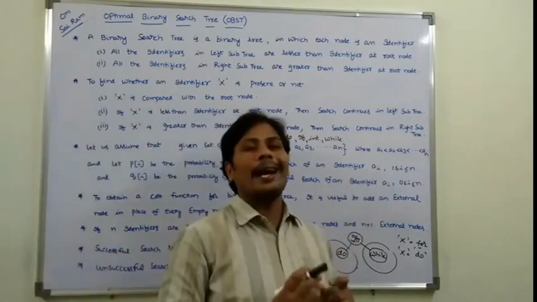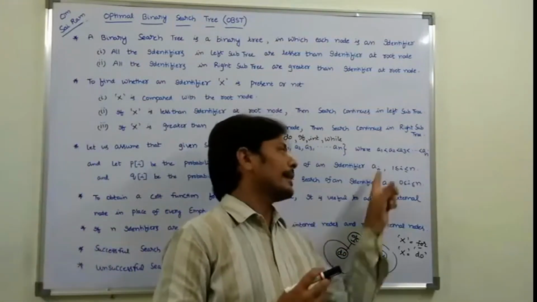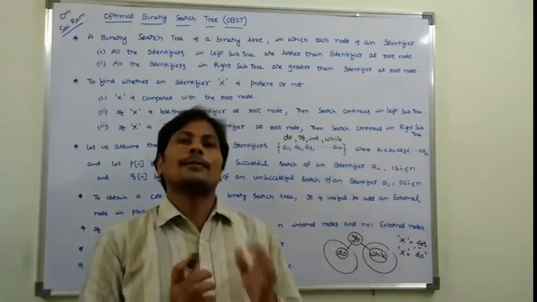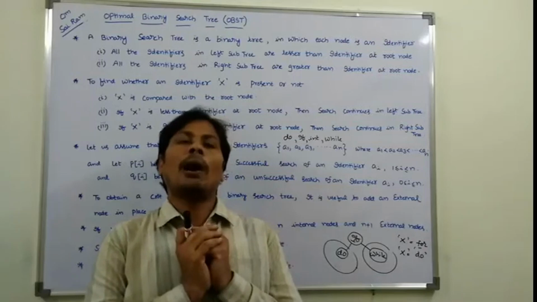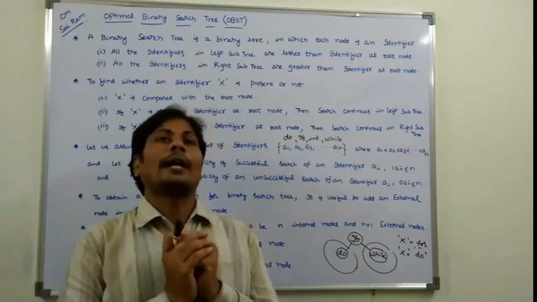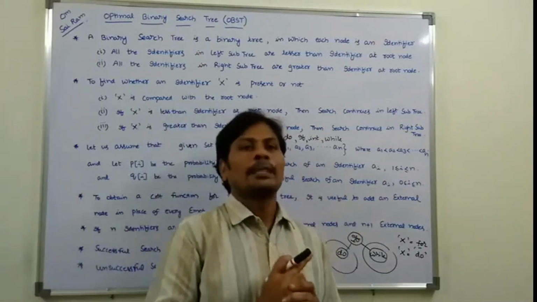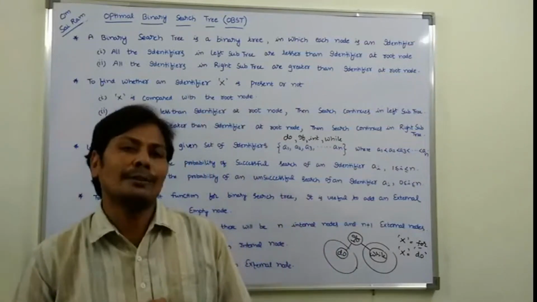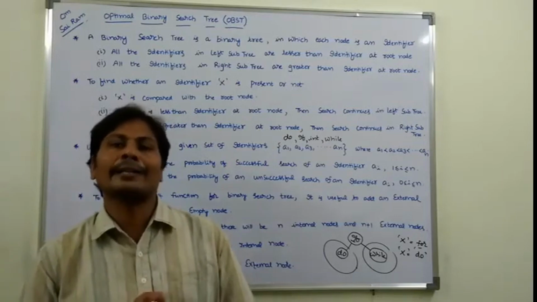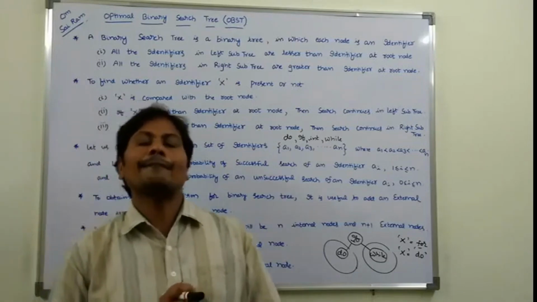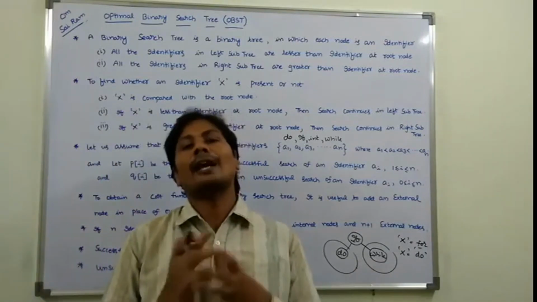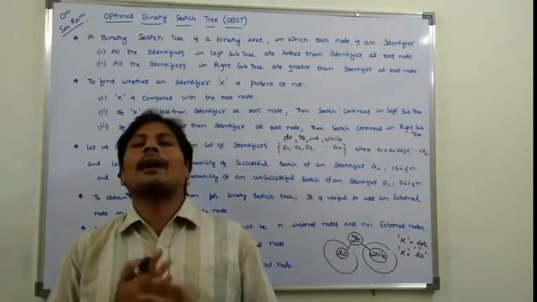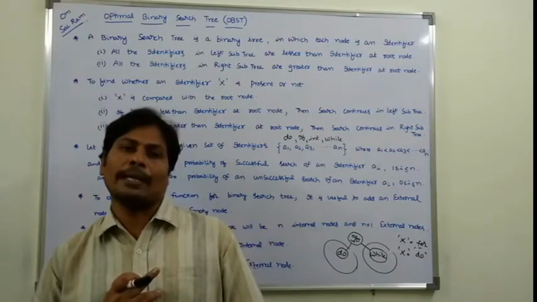A of I is nothing but the identifier, where 1 is less than or equal to I, less than or equal to N. So successful search probabilities always start with 1 and end with N. Next, unsuccessful search probability. Suppose we want to search an identifier in the binary search tree. If that identifier is not available in the binary search tree, then we can say that is unsuccessful search probability.